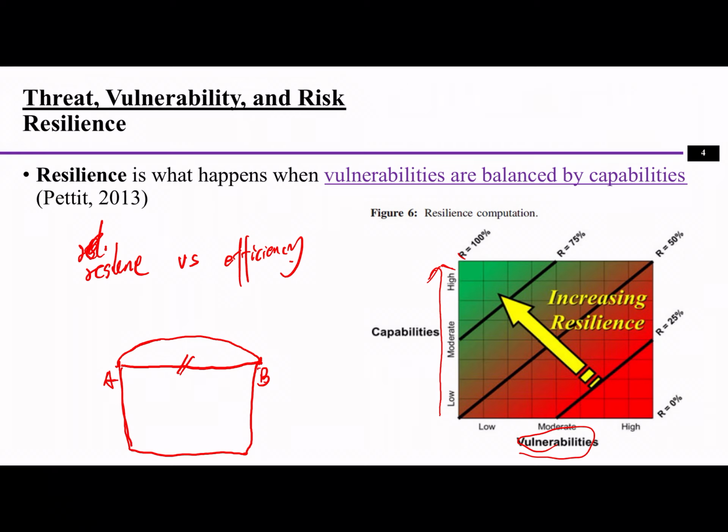This path is even longer, and the time taken is much longer. But by having these two ways, it actually adds resilience to the system, because when the straight road is blocked or damaged, there are multiple ways to achieve the same goal. This is resilience versus efficiency.